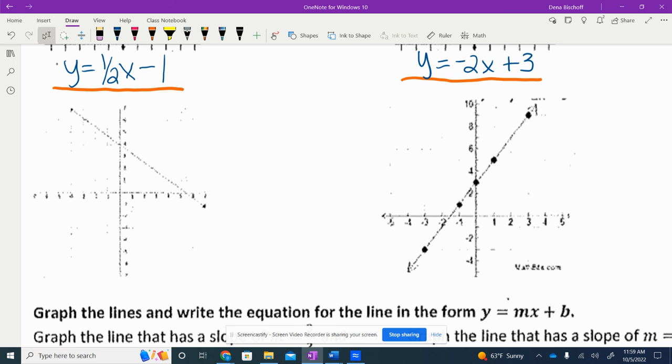What is this? Count. You're counting. 1, 2, 3, 4, 5. Just pick this point and this point right here. Use those 2 points. Down 1, 2 over 1, 2, 3.